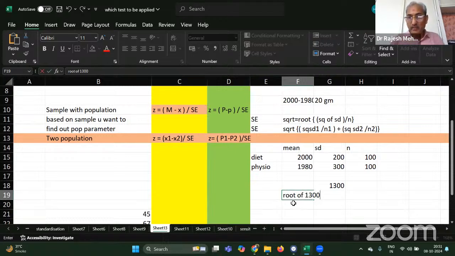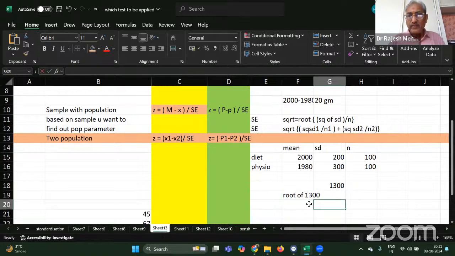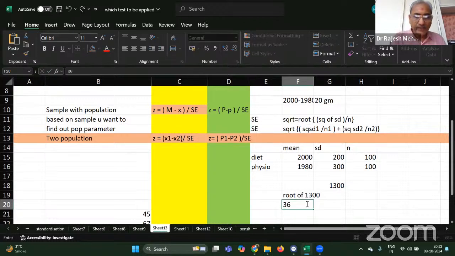It will be around 35, roughly it will be 36.